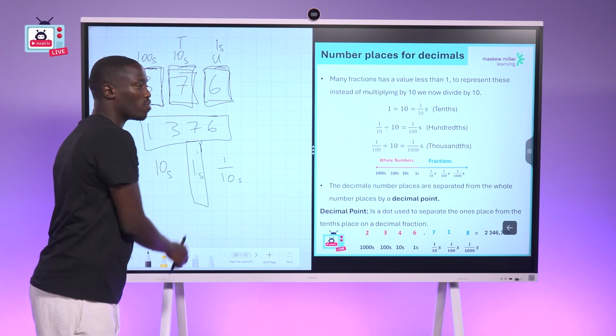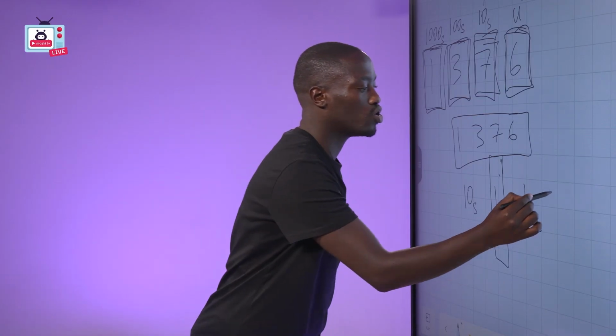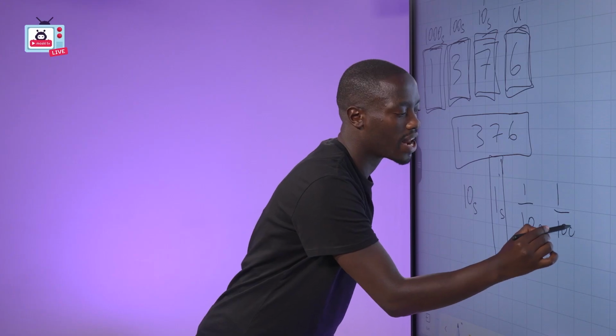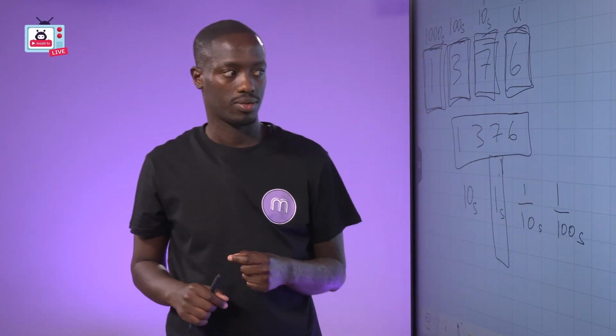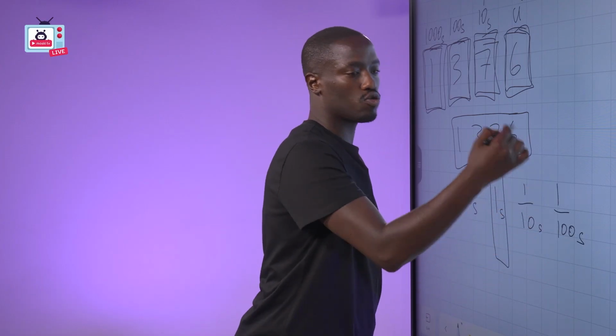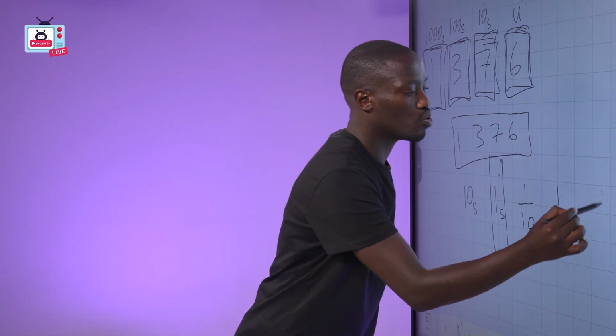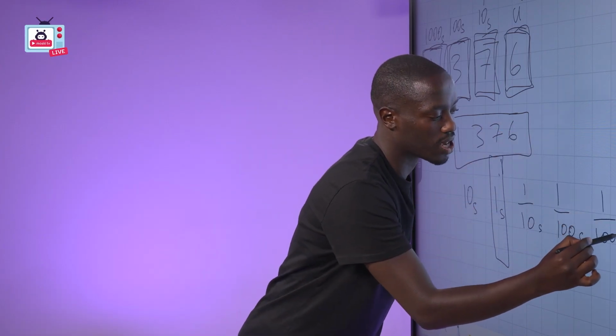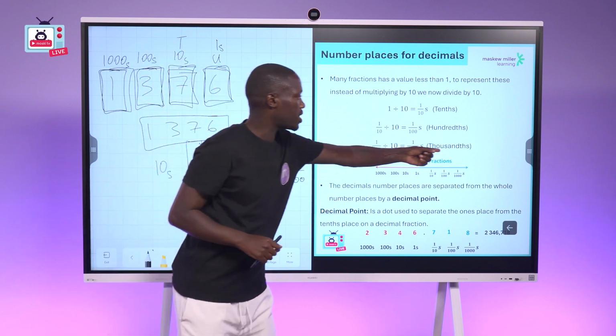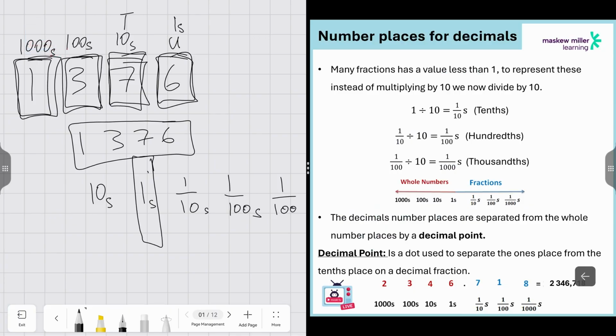Now, this 1 over 10, if you divide it by 10, you will get the hundredths place. And then, after that, you divide that by 10, you will also get the 1,000ths place, which is the thousandths place.